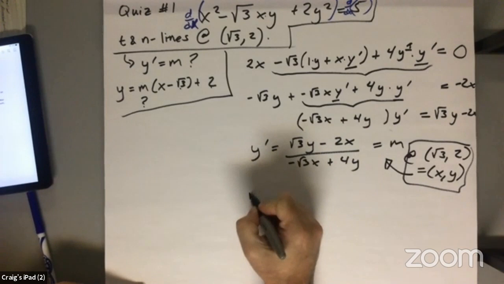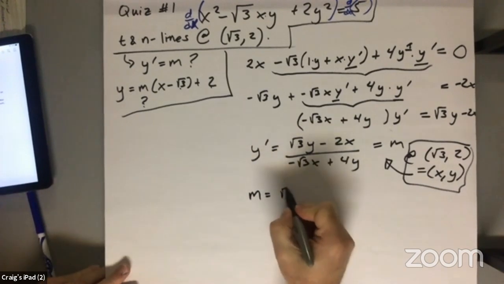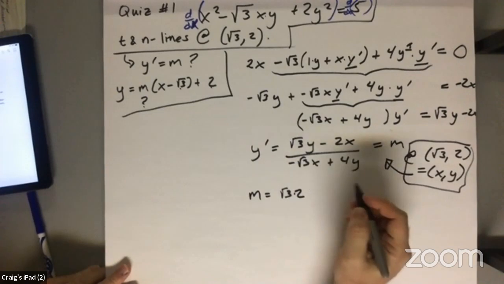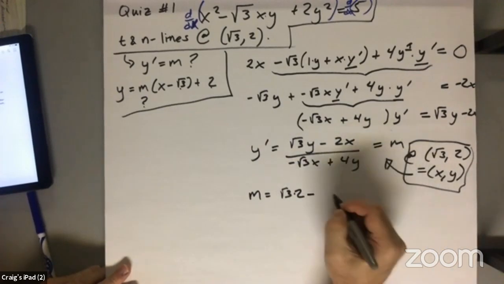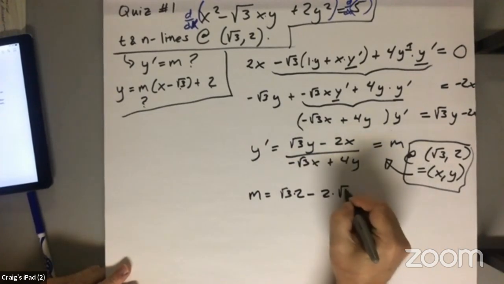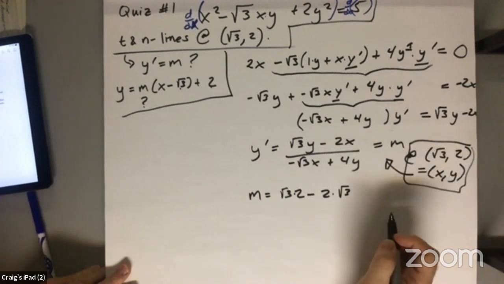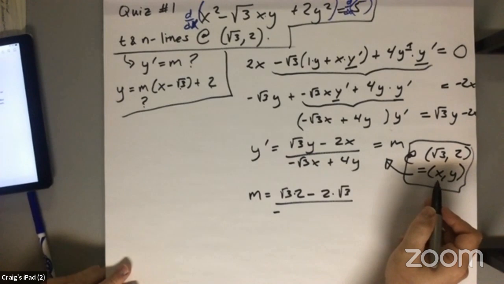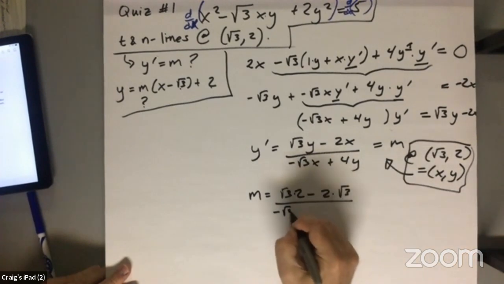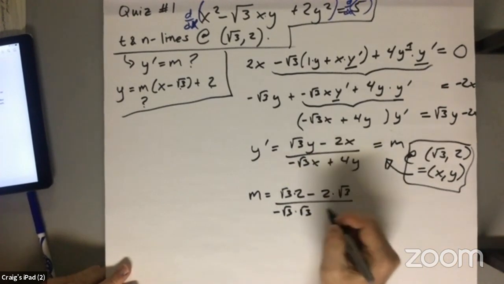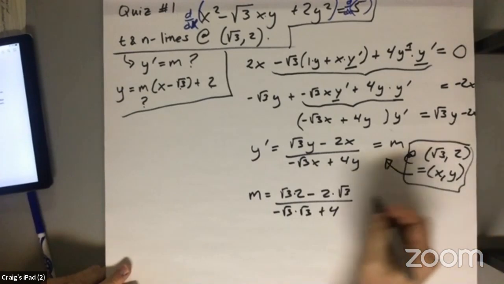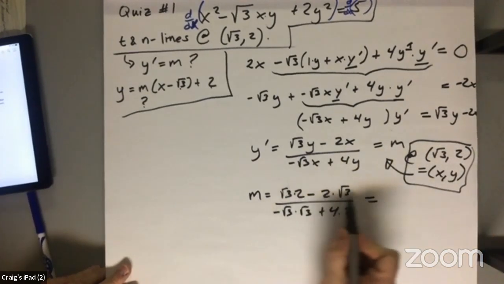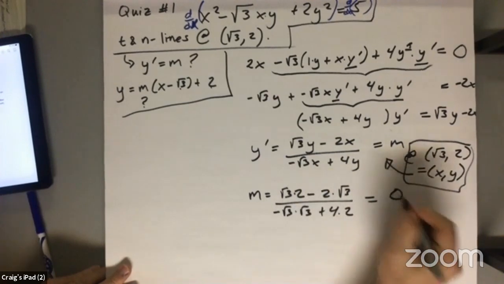And so that's it. So I have that m equals root 3, y is 2. So root 3 times 2 minus 2 times root 3 is the x value, all divided by minus root 3 times x is root 3, plus 4 times y is 2. So I get 2 root 3 and 2 root 3, and I subtract the 2, I get 0.